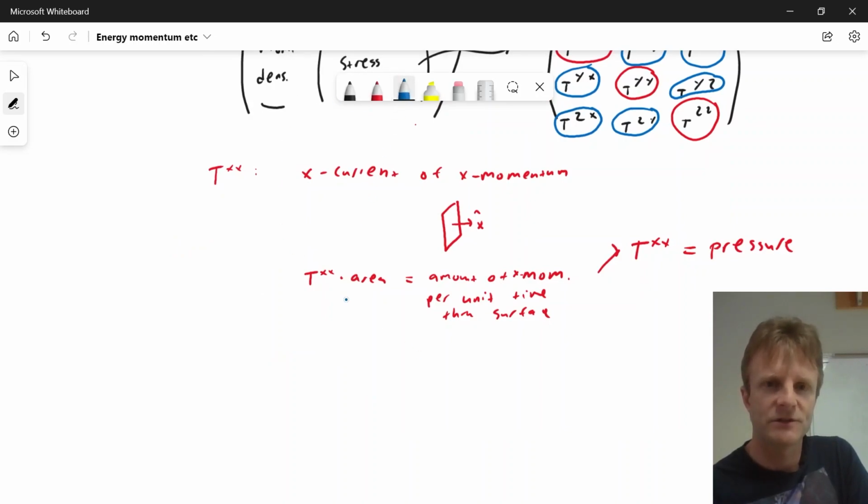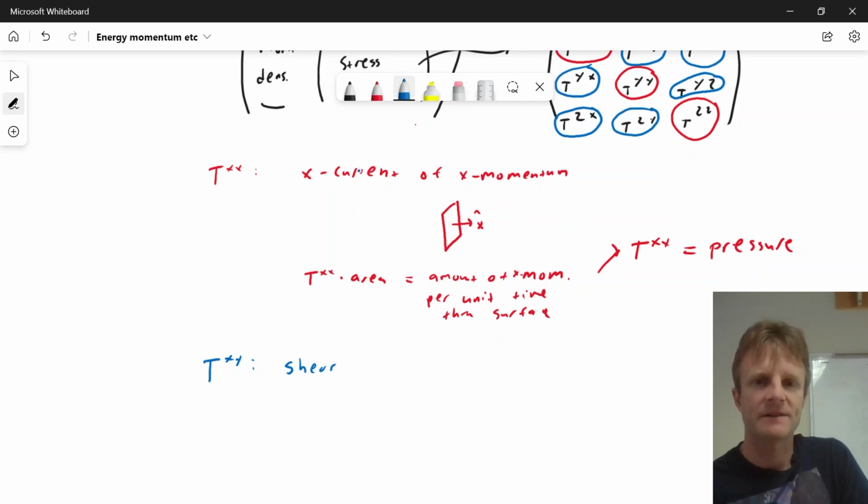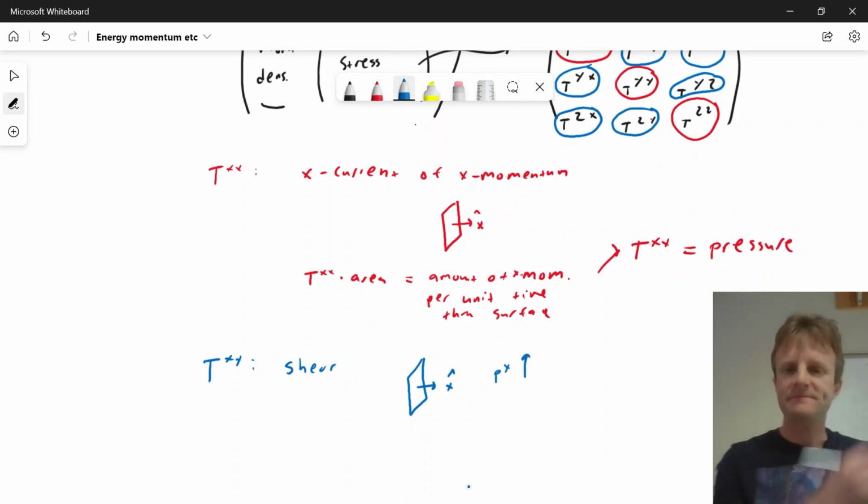Maybe I should draw a picture for shear. T^{xy}, shear, or X current of Y momentum, if you like. So there the picture is. We're interested in the current in the X direction, but now there's a kind of, I'll just write it as P_y with an up arrow or something.